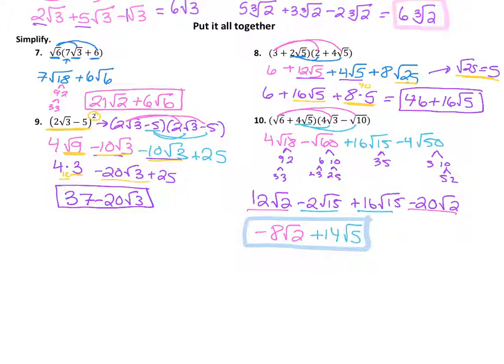I tried, so I left that one the same. And then I reduced the square root of 50. Once I reduced each of those radicals, then I had some like terms I could combine. I could combine the 12 root 2 and the negative 20 root 2 to get negative 8 root 2. And then I combined the negative 2 root 15 and the 16 root 15 to get 14 root 15.